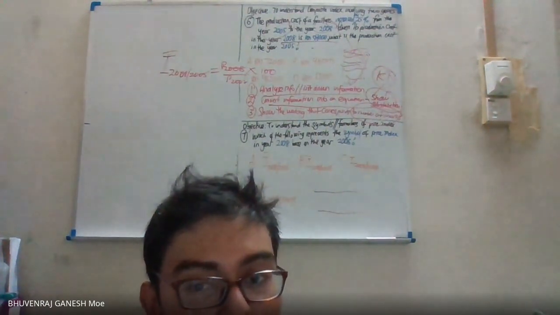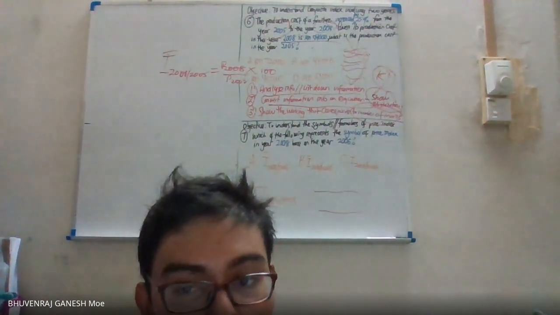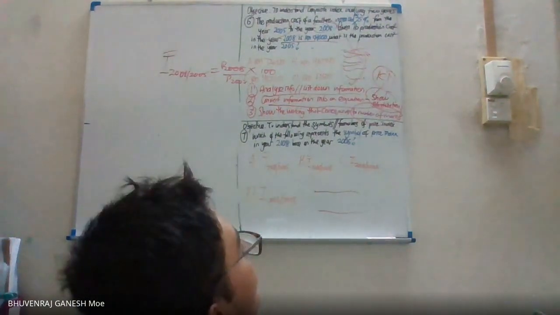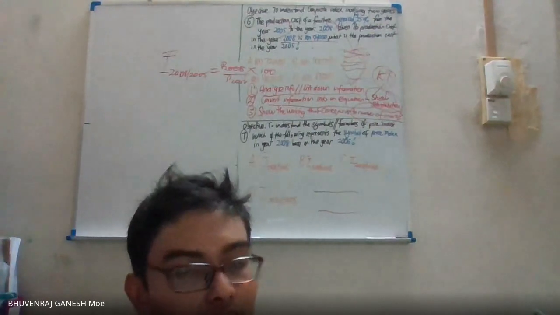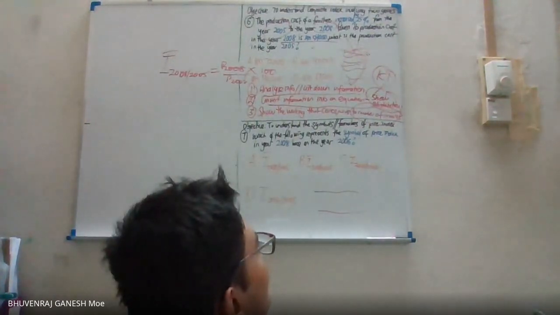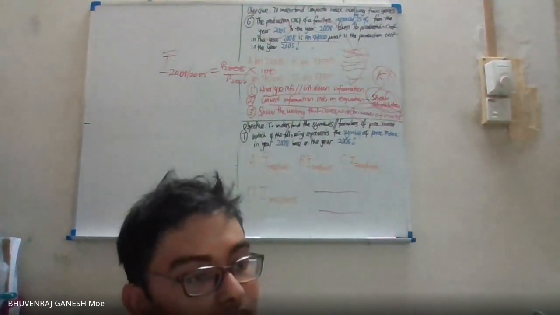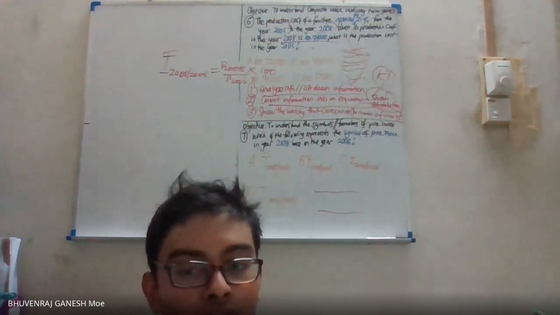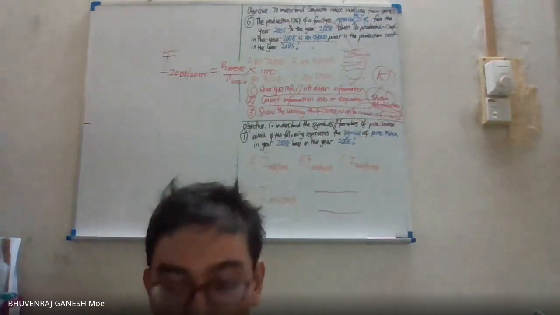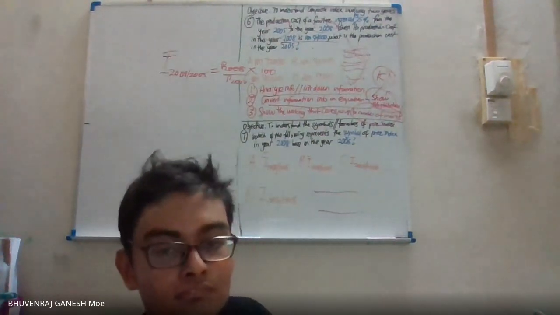Type in the chat box. Your voice is quite soft. A is 72,000, B 40,500, C 43,200, D 67,500. C. C, yeah? Okay, so it's correct, yeah. C.